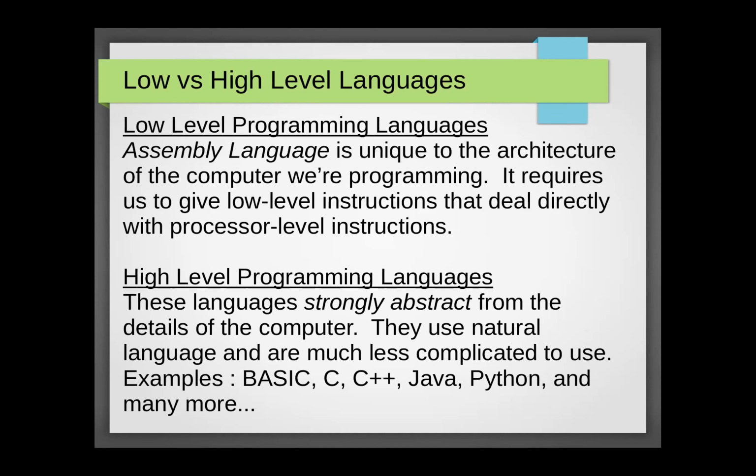Most people these days will use high-level programming languages. A high-level programming language is things like, in the old days, BASIC, but also C, C++, Java, Python, R, all these high-level languages. And basically what they do is they abstract from the details of the computer. So you as the coder don't need to worry about all of the register level, processor level stuff that's happening on your motherboard.